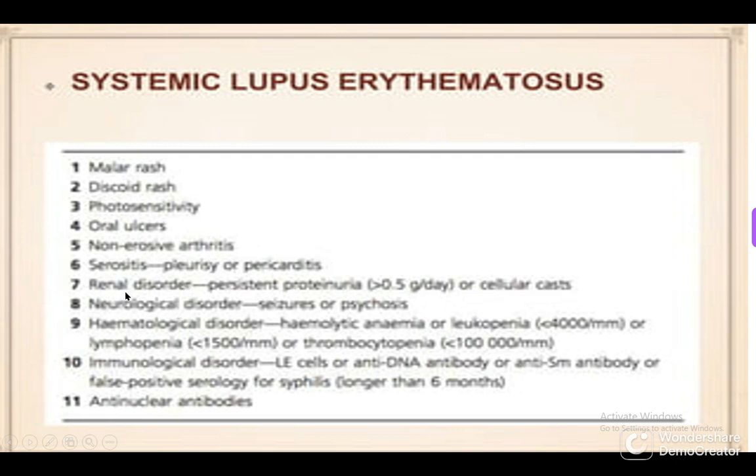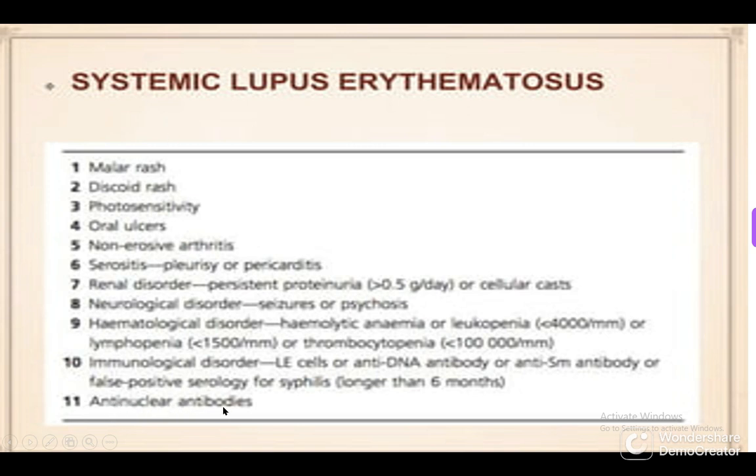That is the 7th one, and the 8th is neurological disorder, and the other one is hematological disorder. Any type of hematological change can occur. Then immunological disorder like LE cell phenomena, anti-double-stranded DNA, ANA, etc. A lot of antibodies are present in SLE. It is the only disease in which a lot of antibodies are there.